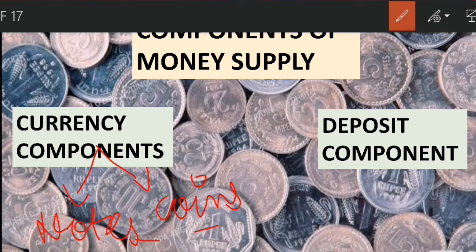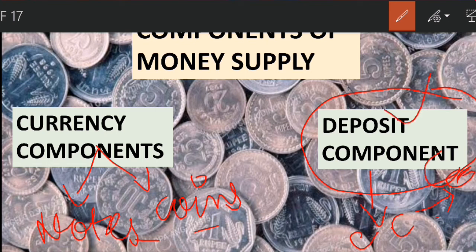Alright. And the deposit component includes all the net demand deposits against which checks are issued that are held by the commercial bank. Alright. So whatever your savings are with commercial banks, against which you can issue a check and make any payment that you wish to make, will be called demand deposit.